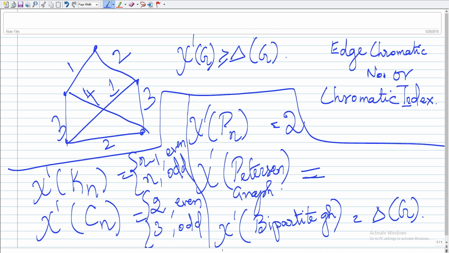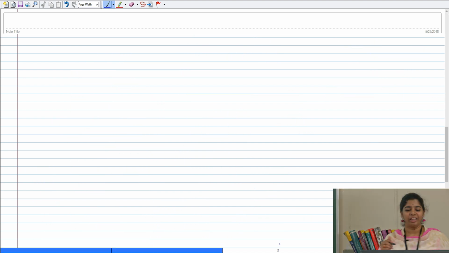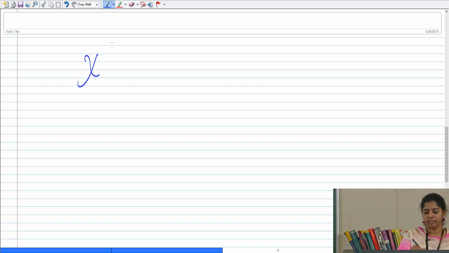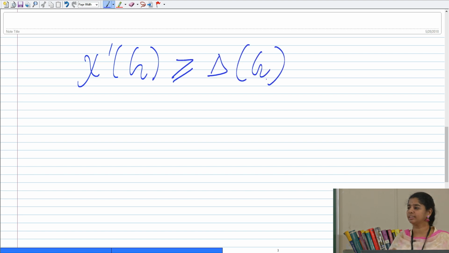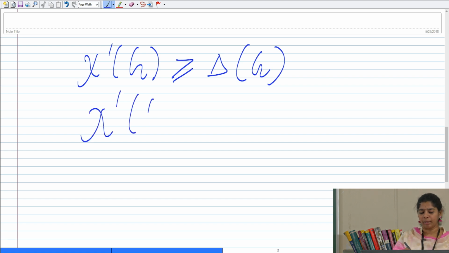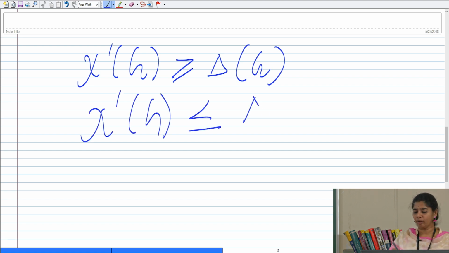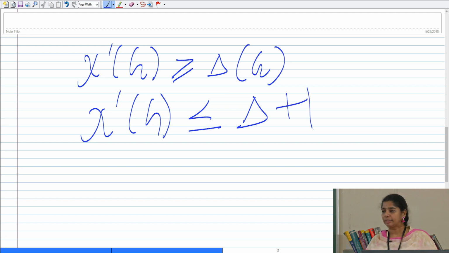What about Petersen graph? How many of you know what is a Petersen graph? Okay. So, next I will touch upon one final bound that we want to talk about. So, we have seen that chi prime of G, the edge coloring, requires at least delta colors, right. So, for the other upper bound, chi prime of G is less than or equal to delta plus 1.